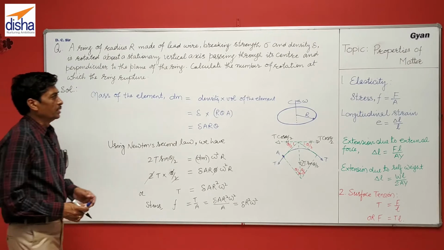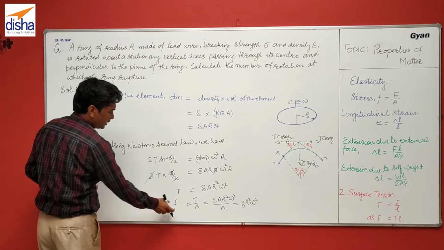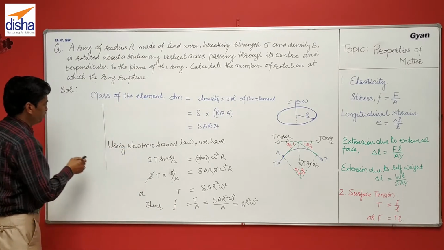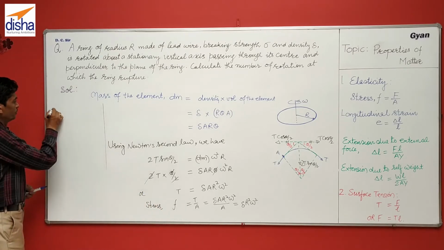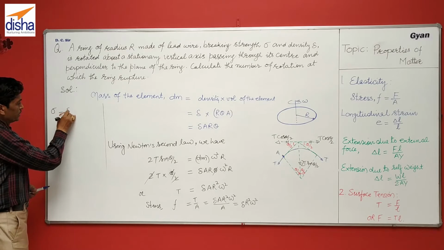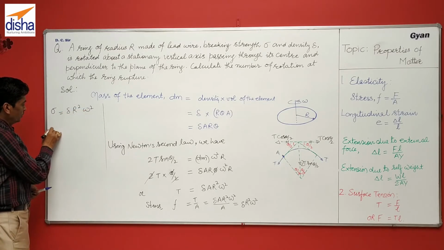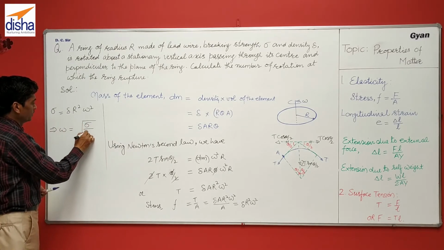Now as given, the breaking strength is equal to sigma, so the breaking strength will equal the stress in the wire. So put sigma instead of F: sigma is equal to delta r square omega square. Okay, we solve it for omega, and we have omega equals under root sigma upon delta r square.